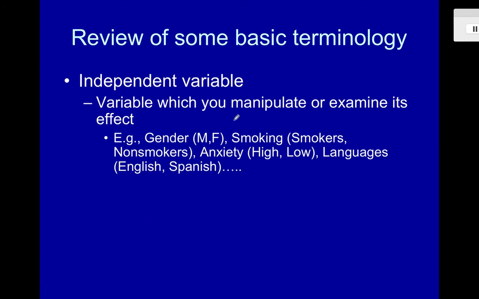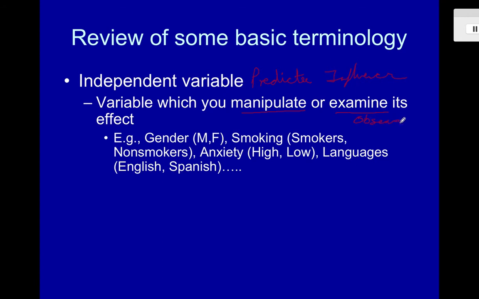So here I'll write for you. So this is the predictor, or what we also call the influencer. Okay, so in other words, this is the variable that we assume is potentially going to have an effect on my dependent variable. Now here I say it could potentially be the one that you manipulate or the one that you just examine. So in other words, the one that I observe.